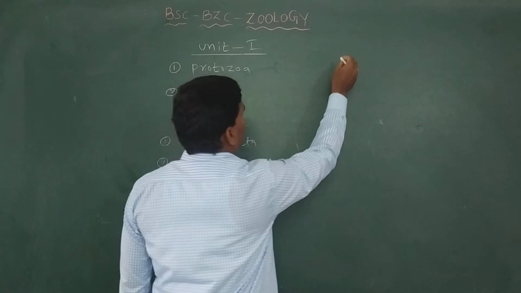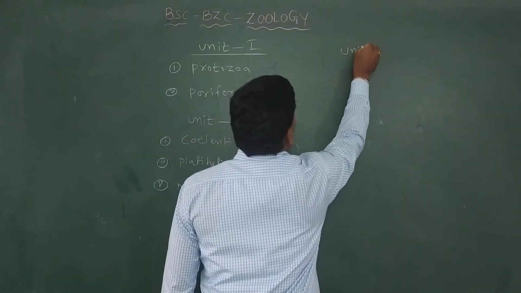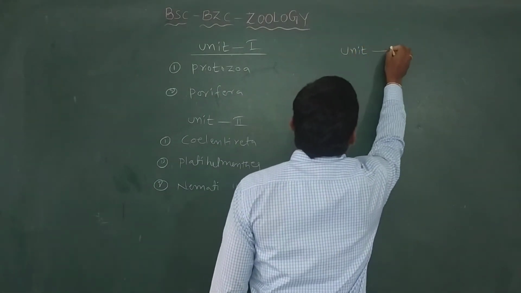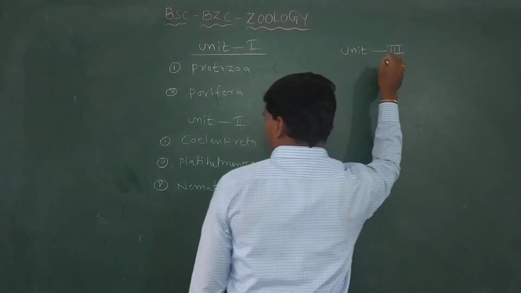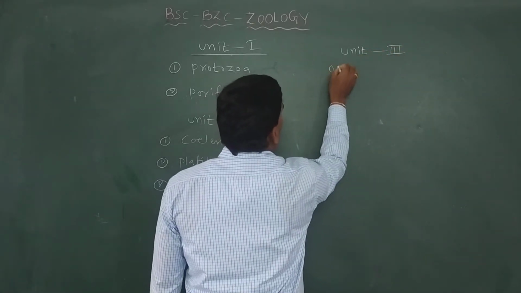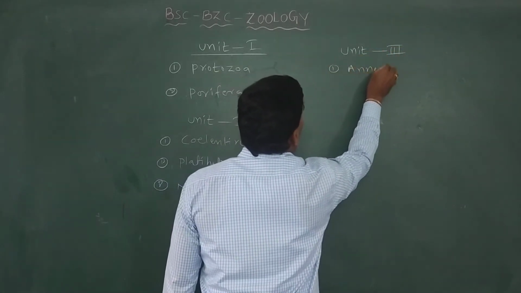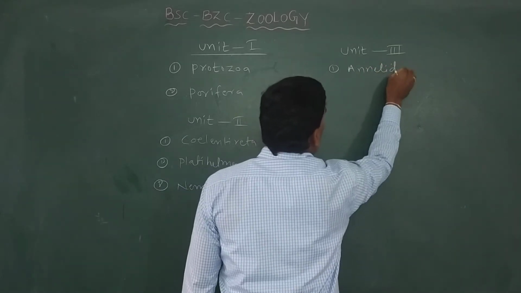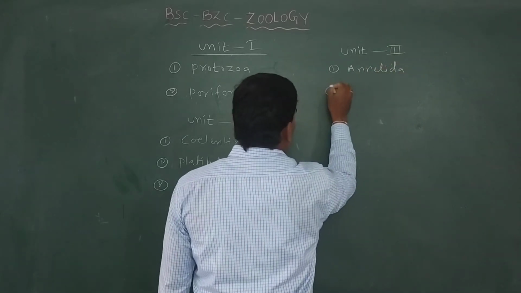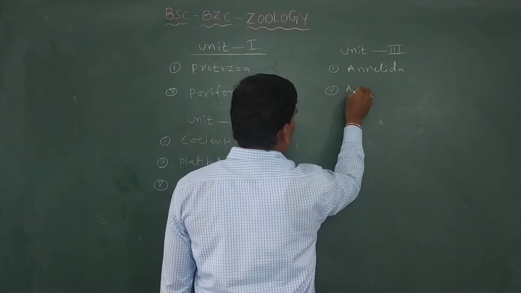Unit 3: Annelida. Write down the notes. Next, Arthropoda.